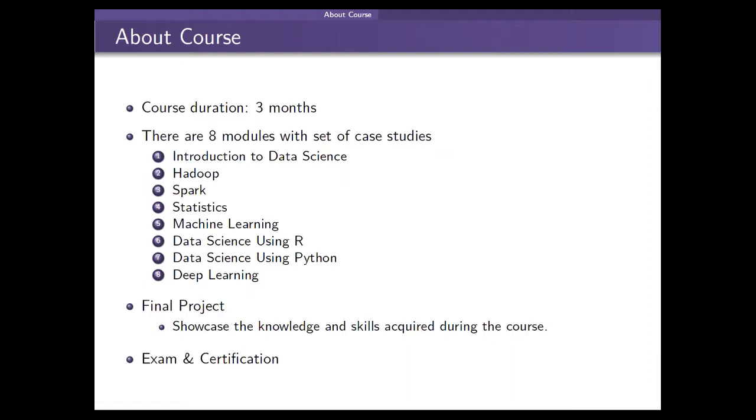So we are going to do the project at the end, and then finally there is an internal examination or also an online examination, and then finally there will be a certification. So this is about the course. So this course is 3 months duration. That means depending on the availability and your need or your time, we can make it shorter also.